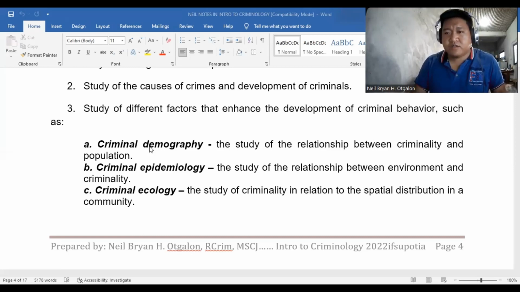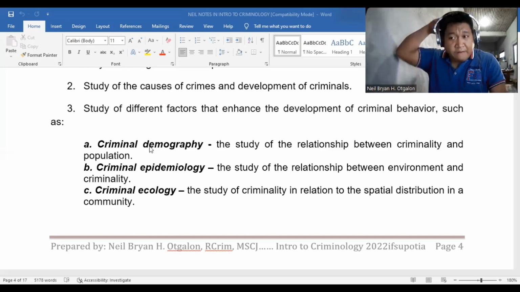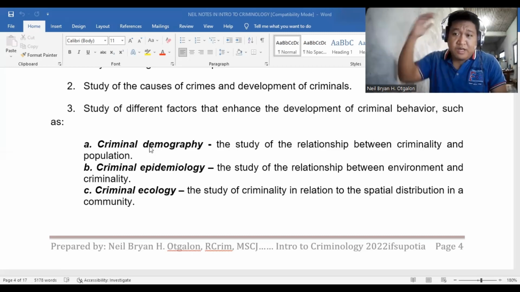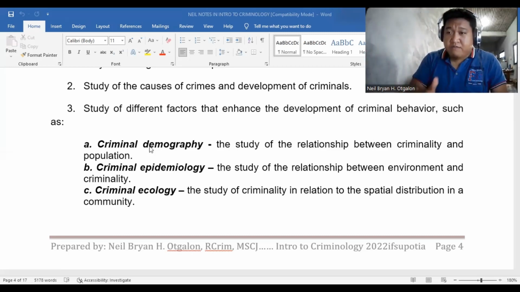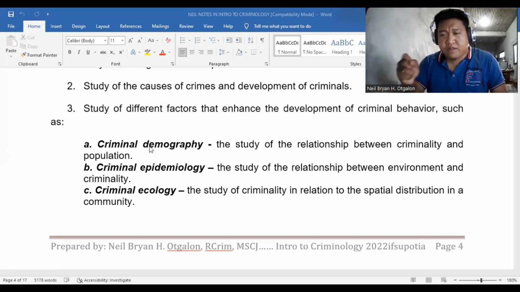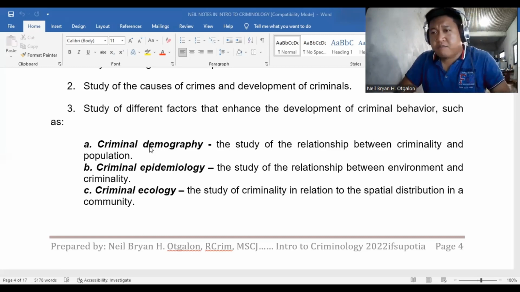In other words, sa katulad ng sakit, di ba? Sa COVID-19, pag sa isang area maraming may COVID-19, then pag andon ka sa area yun, there will be the tendency na pwede kang mahawa sa COVID-19 na yan.